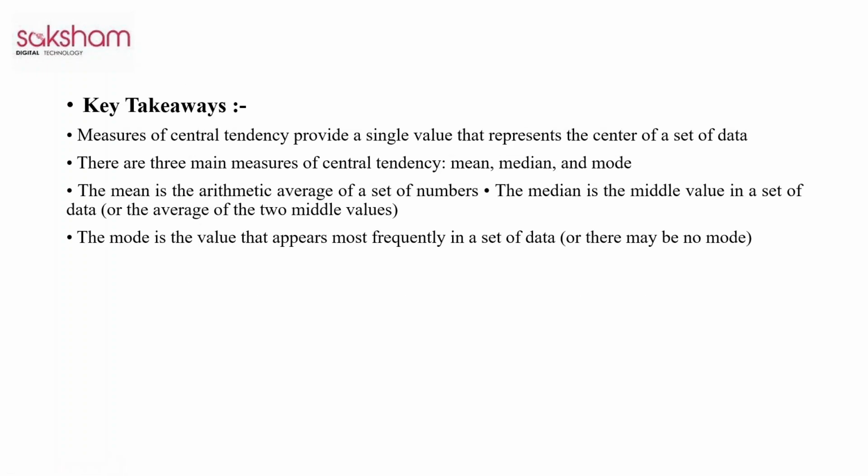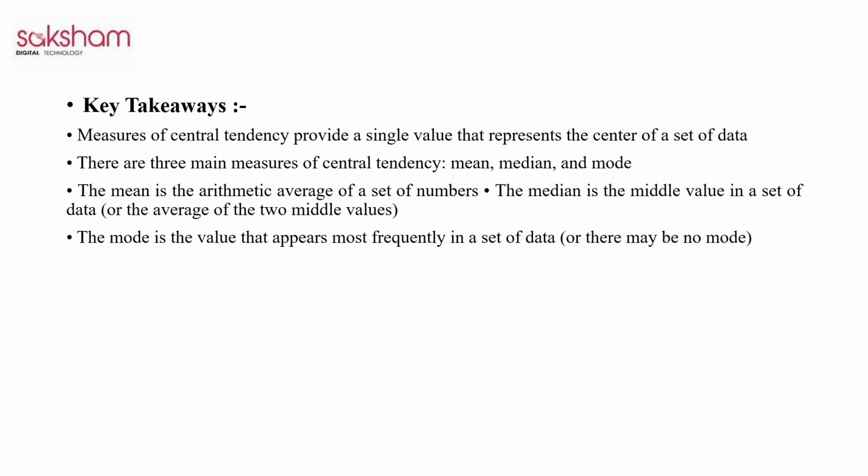After that, we are taking some key takeaways. Measures of central tendency provide a single value that represents the center of the set of data. I already gave you the example of that. There are three main measures of central tendency we already discussed: mean, mode, and median.